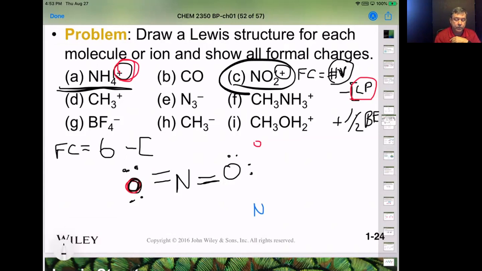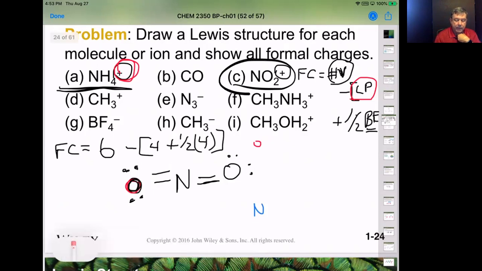So we have 1, 2, 3, 4 electrons that are in lone pairs. And it gets to use all of those as balancing its charge because it's not sharing those, and so it uses all that charge for itself. And then we have 4 electrons that were bonded. But remember, we only get to add half of those 4 electrons because they're shared with the nitrogen.